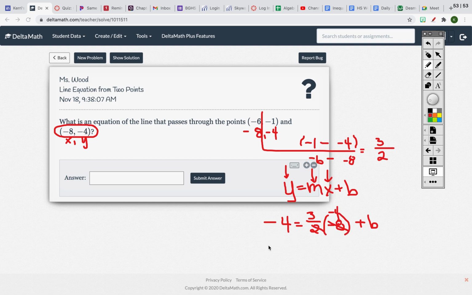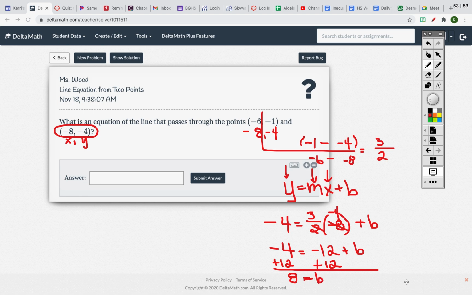You can use Desmos. It would be -12. So -4 equals -12 plus b. And then to get the b by itself, I just need to move this. How do I move anything to the other side of the equation? By doing the opposite operation. So 8 is equal to b.